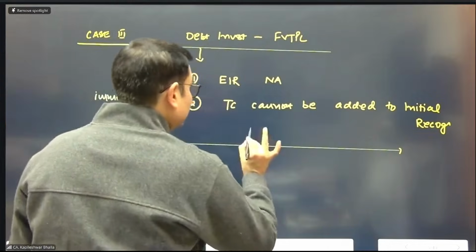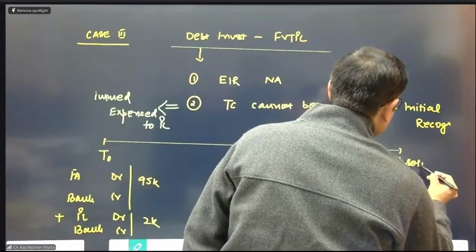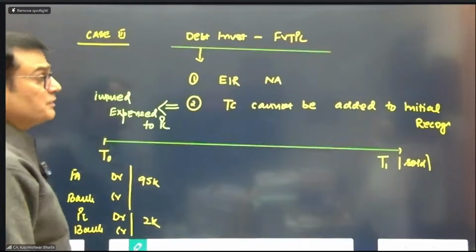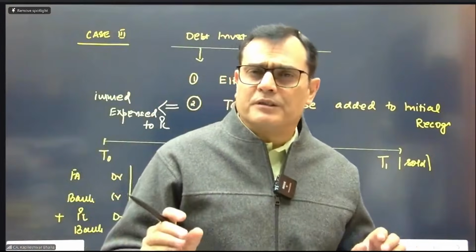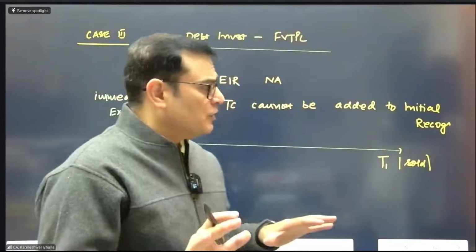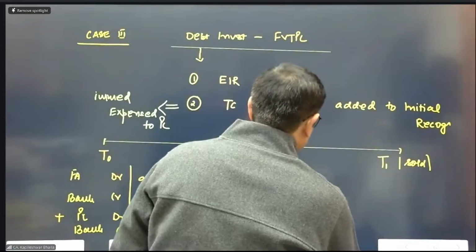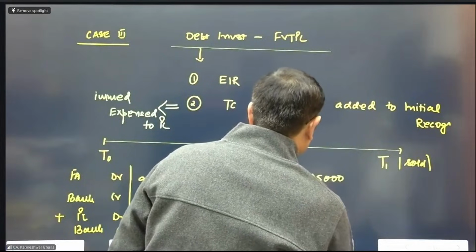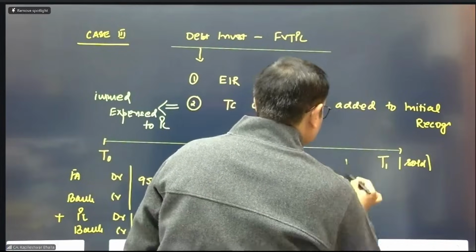Now, let's say at the end of T1, I'm given that the investment is sold. In this particular case, if you sold off the investments, I'm not capturing any fair value changes, I directly sell off the investment. So what is the book value of this investment? The book value of this investment is 95,000 and the sale proceed of this investment is 1,10,000.